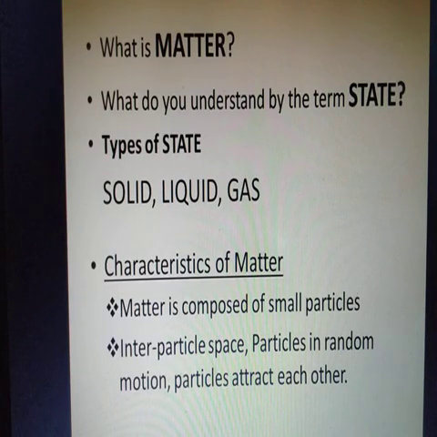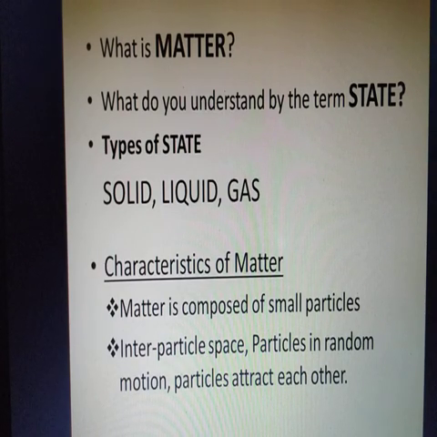Now those particles, when they exist, will have interparticle space, because those particles are basically spherical in shape. Since they are spherical, when two spheres touch each other, only a single point of the surface touches.